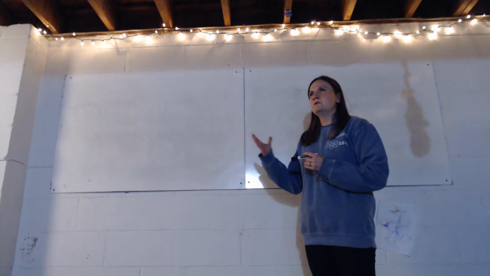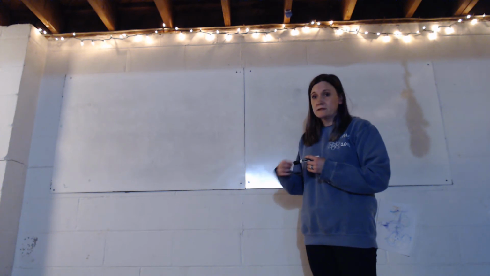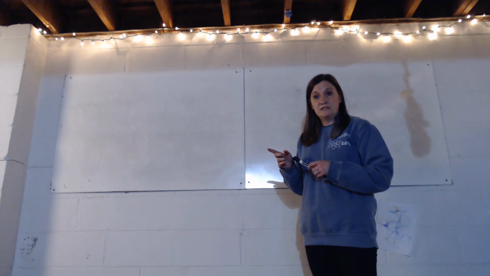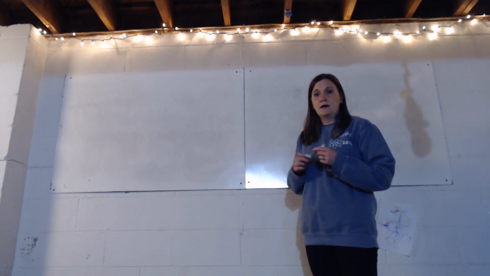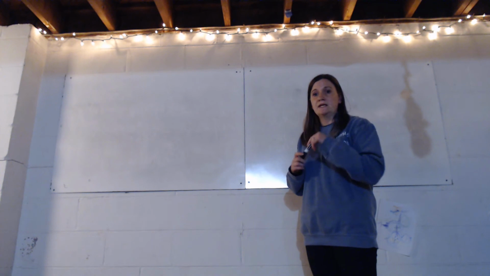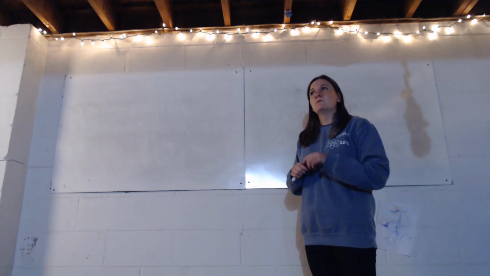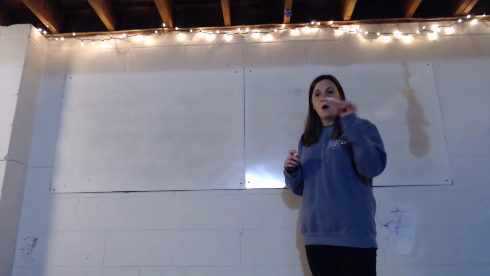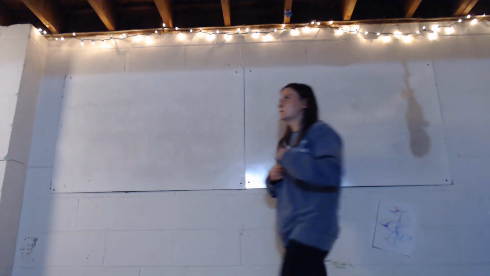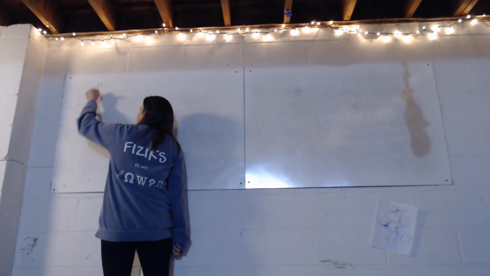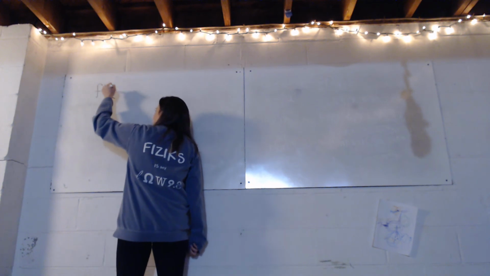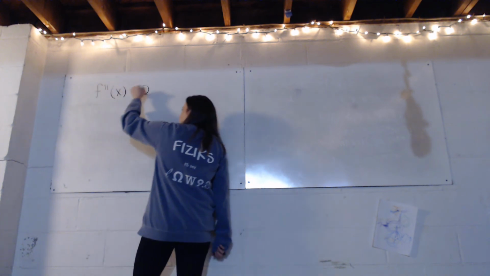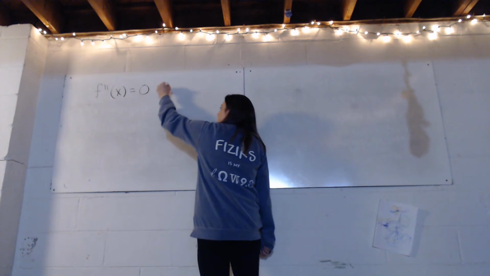So just like we use the term critical points to describe places where the first derivative was 0, which meant the slope would go from positive to negative, here we use the word point of inflection. You'll see it written as POI, and that is a place where the second derivative of a function is equal to 0, or if it's undefined.